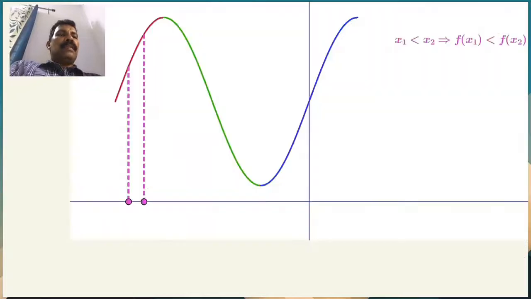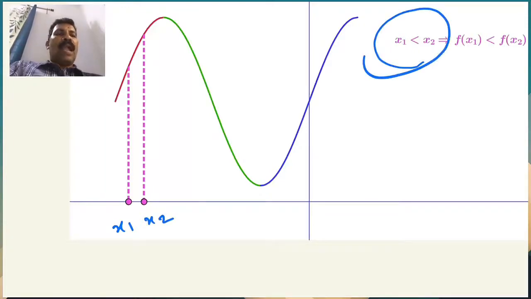Now you can see the graph here. Here if you choose the points x1, x2, of course x1 less than x2 only, and f of x1 is strictly less than f of x2.